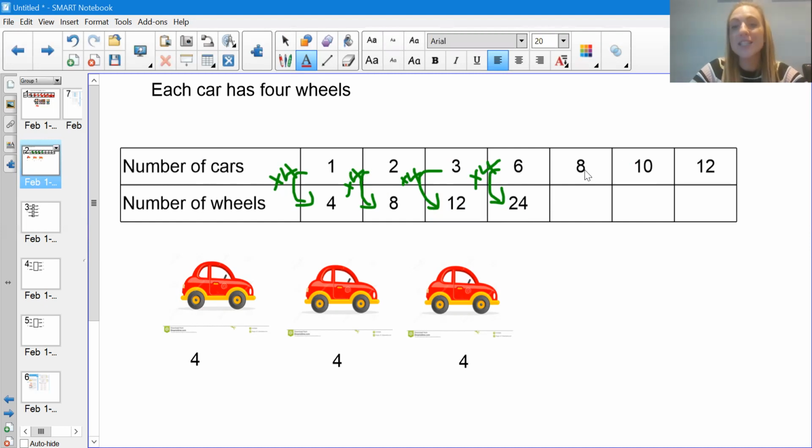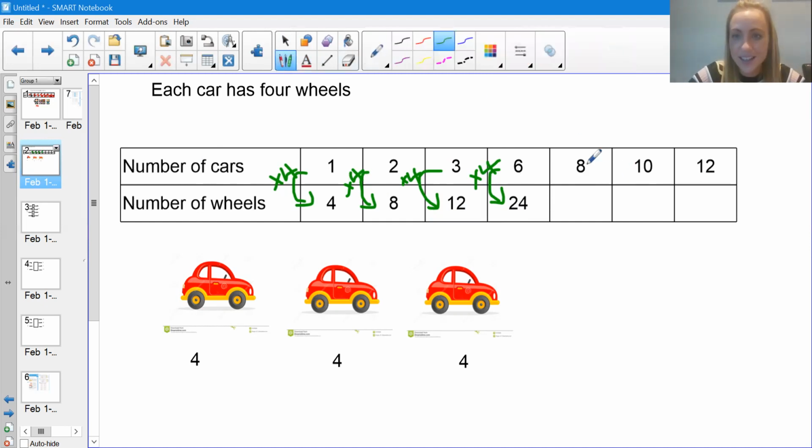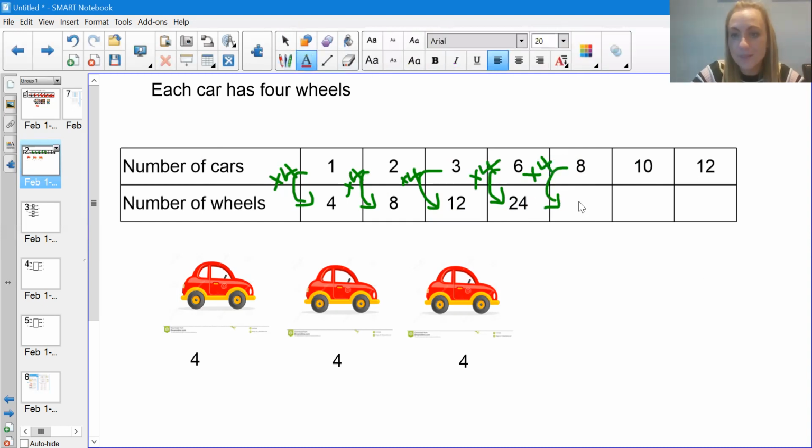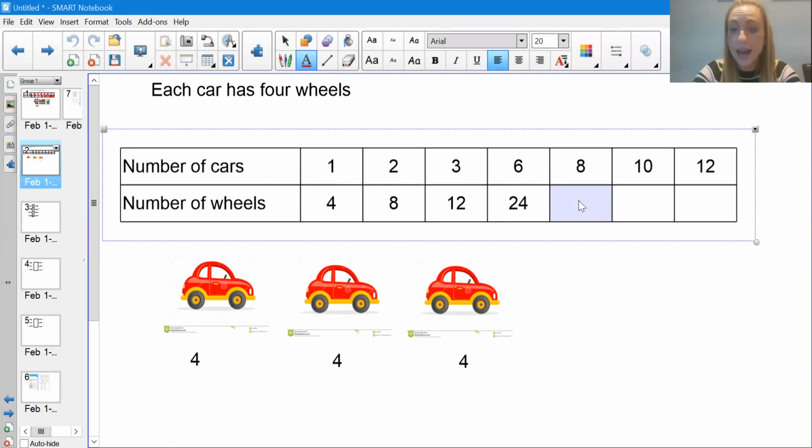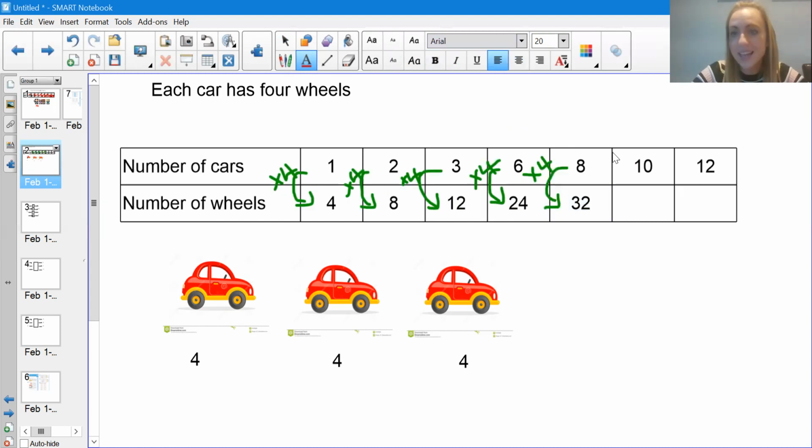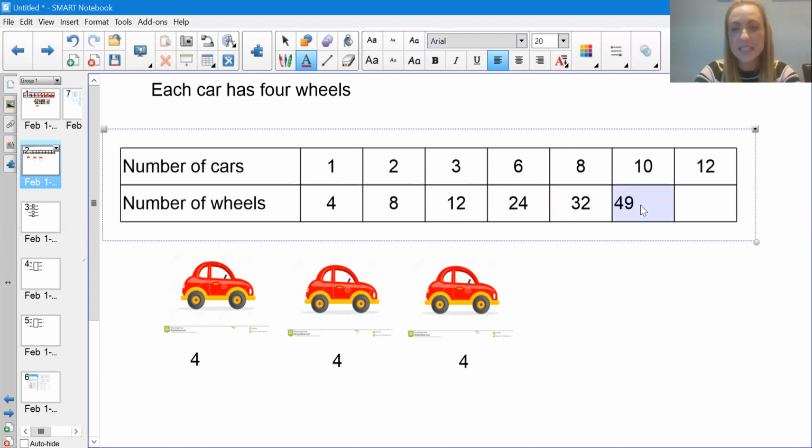So now I've got 8 cars, and I'm going to multiply 8 again by 4. And again, I'm not just adding 4 on to my previous number. I'm going to do 8 lots of 4, which is of course 32. And then I've got 10 groups of 4, which is 40.